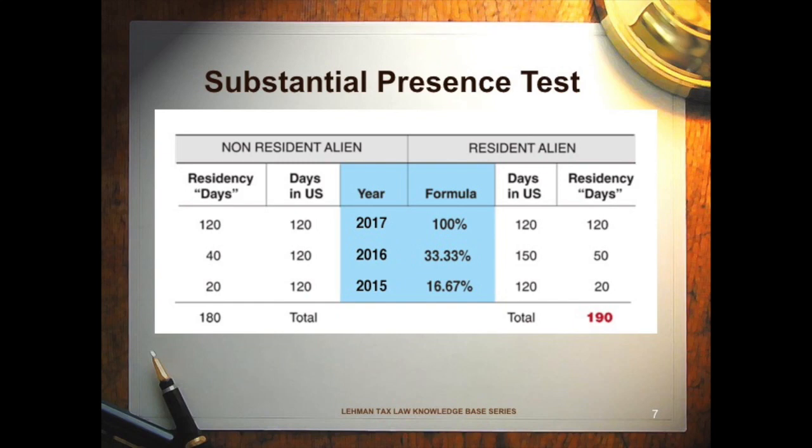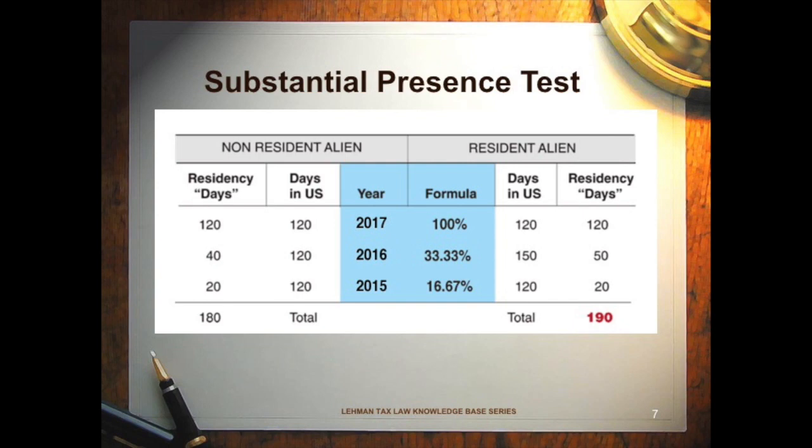We look first at how many days they have been here in 2017, and we count each one of their days in 2017, which is what I call the measuring year. We count each one of those days as 100% being here.